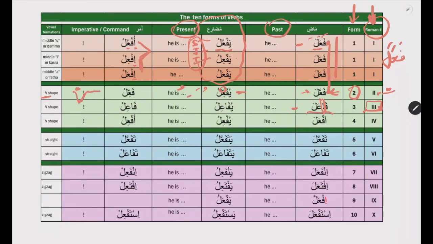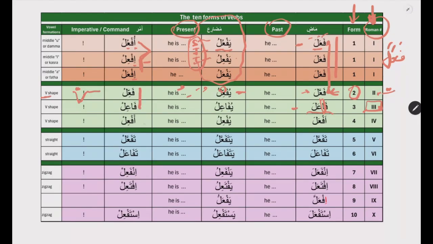So yufa''ilu is the present tense, and if you want to make it subjunctive, it's yufa''ila, and if you go jussive, yufa''il, and if you go imperative, notice what happens here. The initial ya prefix that we had here, from the jussive, falls away. In its place here we put an alif, but in these forms you notice there's no alif.